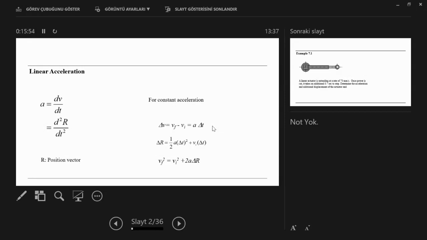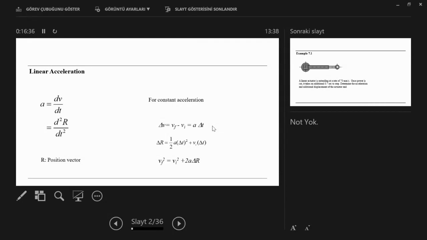Velocity is displacement over time, and acceleration is dV dt.